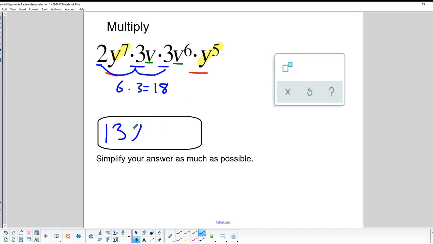So we end up with y to the 12th power. And then for our b's, and we'll change the color on these. So for a b, we've got a b to the 1st power and a b to the 6th power. And 1 plus 6 is 7. So for our b's, we're going to have b to the 7th power. And that's what it looks like if you have more than just one variable in it.